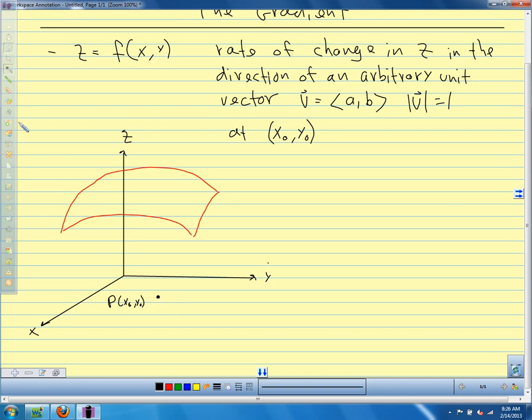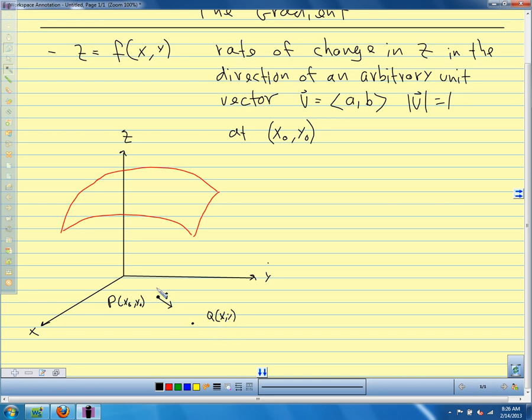And we have this unit vector down here in the xy plane. And we have some point Q, which is just some point with coordinates x and y.